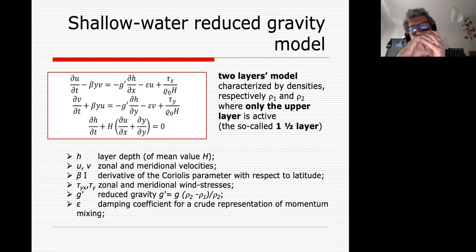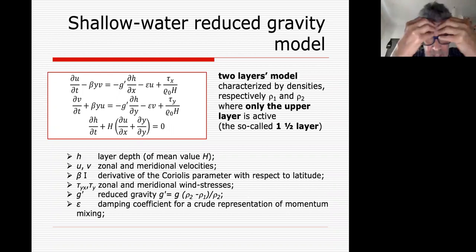In this sense, having H as a prognostic variable, we have the possibility to reproduce the variability of the thermocline. We can choose H as the homogeneous upper layer, and H is the thermocline or pycnocline depth, while the rest of the ocean is not active, is quiescent.